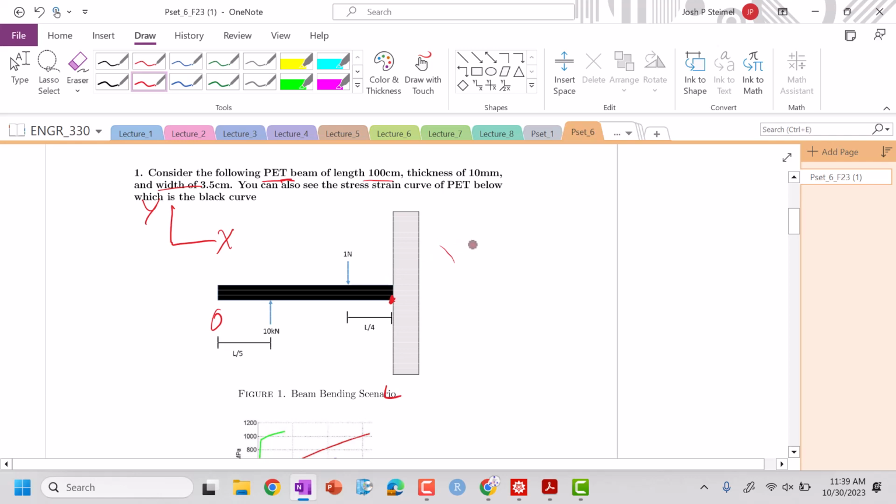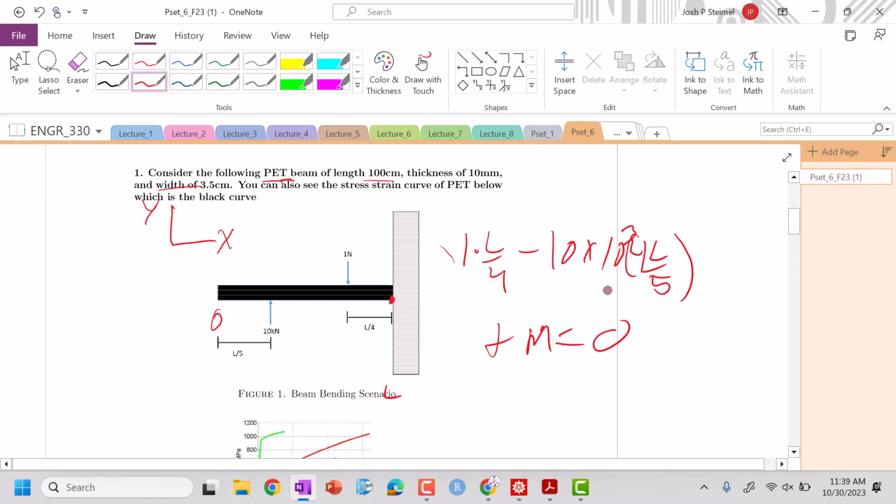That's going to be 1 times L over 4, minus 10 times 10 to the 3 times 4L over 5, plus my moment. All of those must sum to be equal to 0.